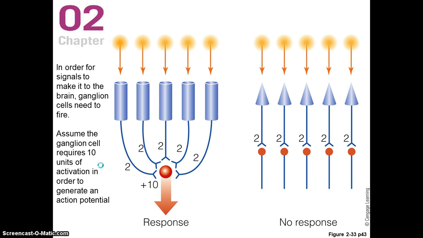Here's a picture showing a simple neural circuit, and a neural circuit is simply a bunch of neurons wired together. On the left here are 5 rods, and on the right are 5 cones, specifically 5 foveal cones. I'll point out why that is in a second.